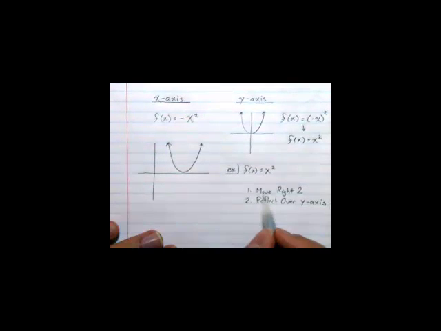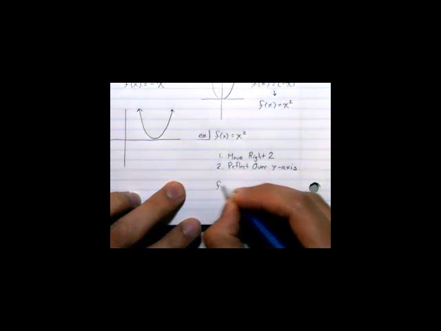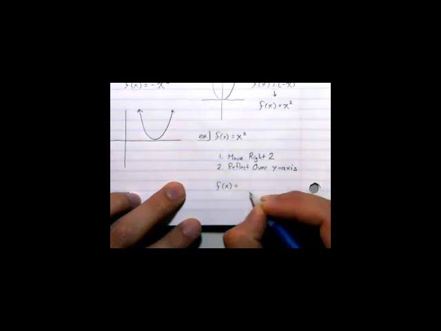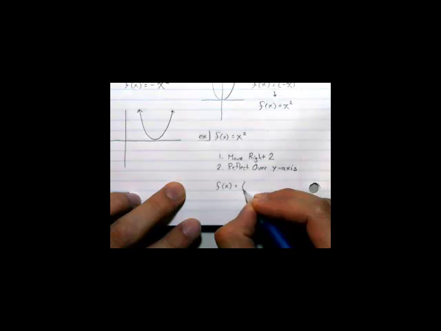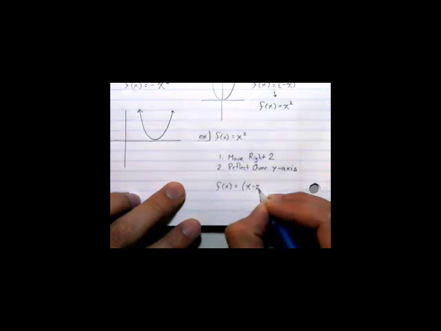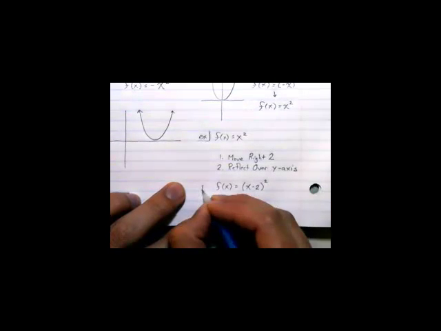After I move it to the right 2, how's the equation going to change? We're just doing the first one, so just to the right 2. X minus 2 squared, right? That's after the first thing.